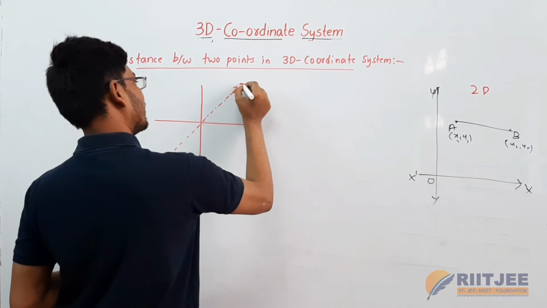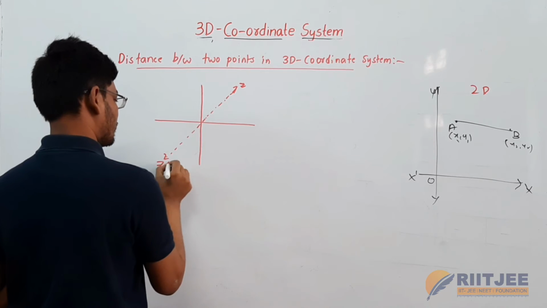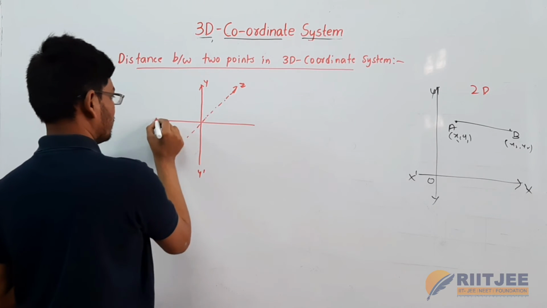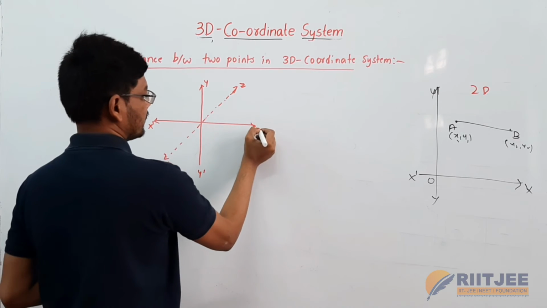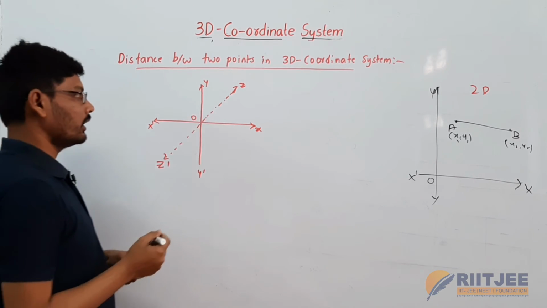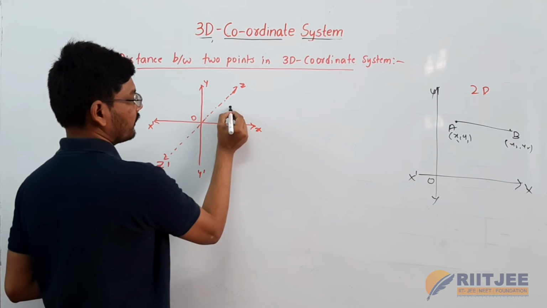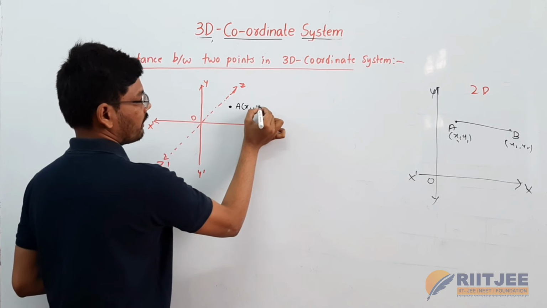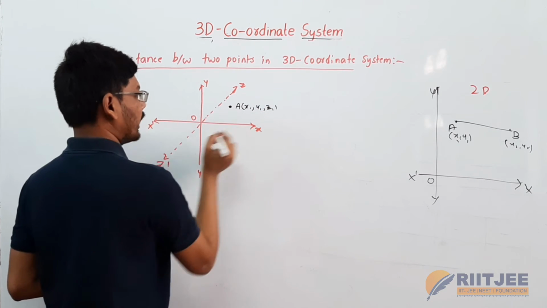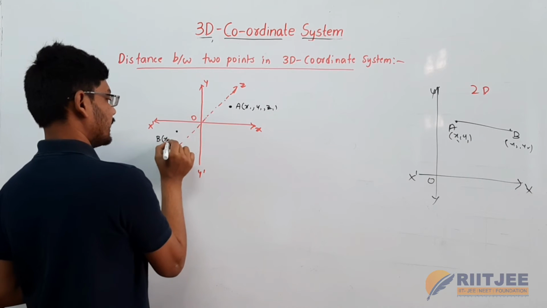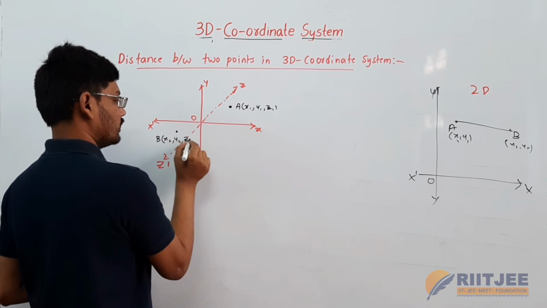This is z, this is z dash, and this is x, y dash, this is x dash, and this is y here, this is origin here. Now if I am taking a point A, x1 comma y1 comma z1, and I am taking one more point B, that is x2 comma y2 comma z2.